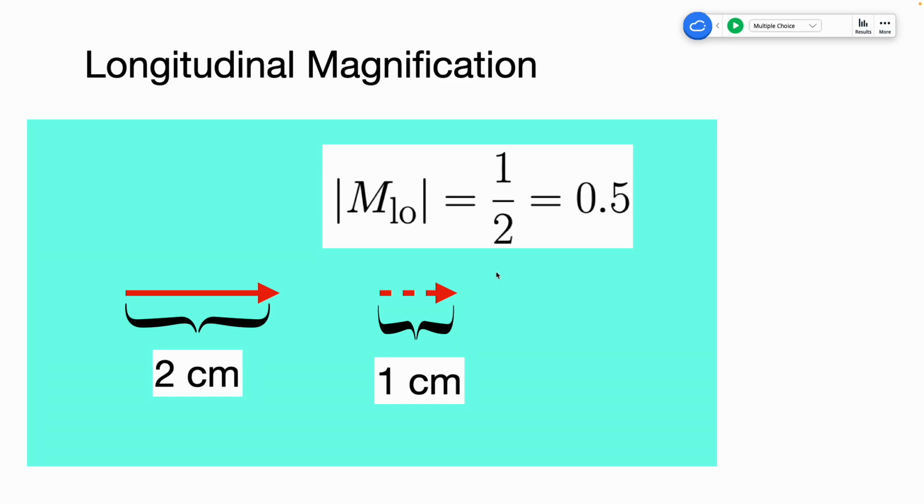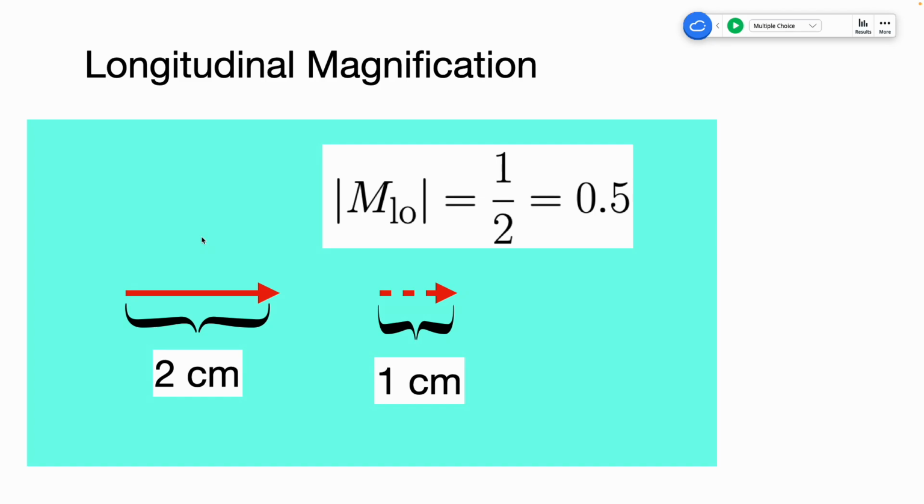In your textbook, it says the absolute value. So I guess you want to dodge the question of whether you want to include the negative or not. But I guess you will only be questioned about the absolute value of longitudinal magnification. Then in this case, you always get a positive number, and you divide the longitudinal length of the image by the longitudinal length of the object. Okay? So that's longitudinal magnification. Just definition. Any question?